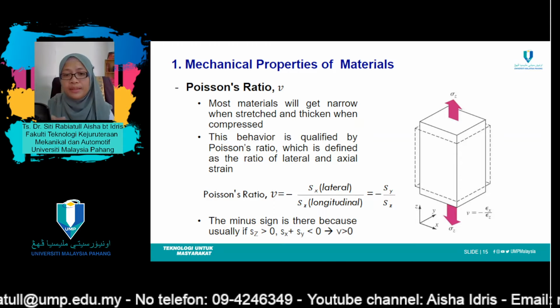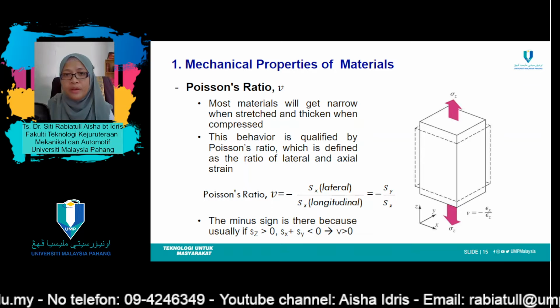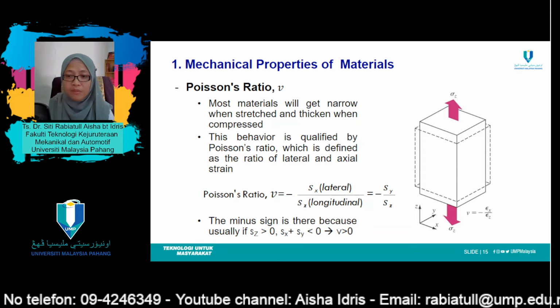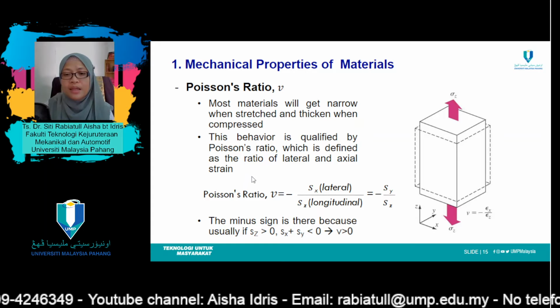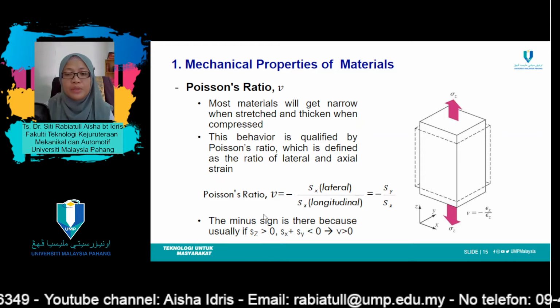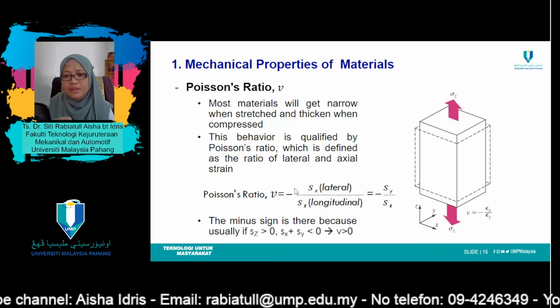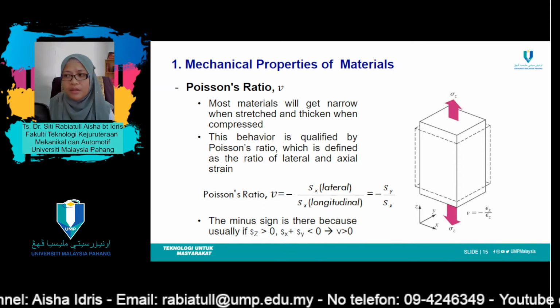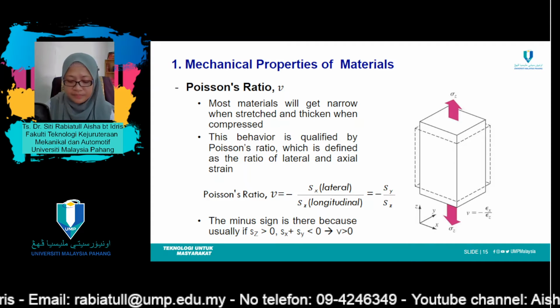Same goes to its length, whereby it will become thinner and also longer. So that's the meaning of Poisson ratio, and the value is always negative because it shows that they are in a shrinking condition.